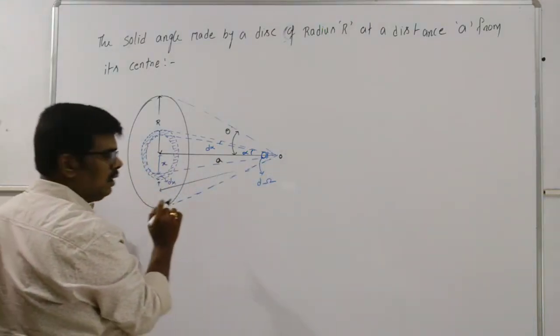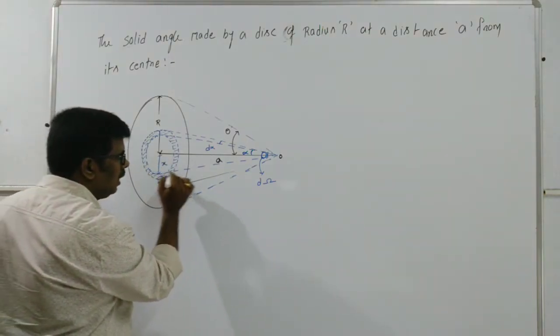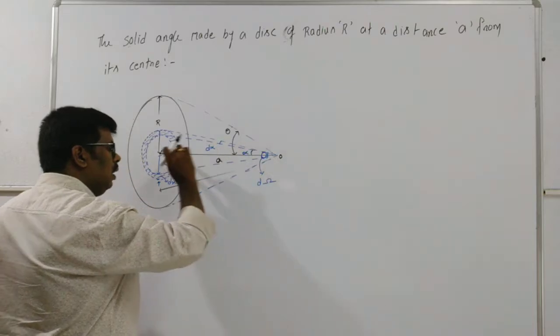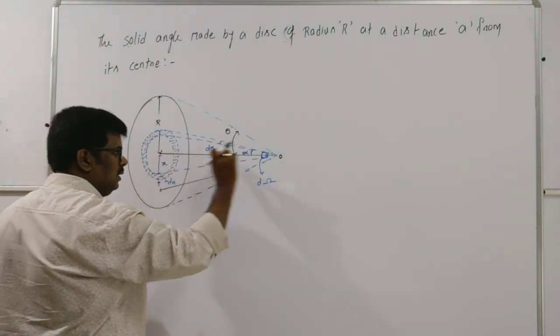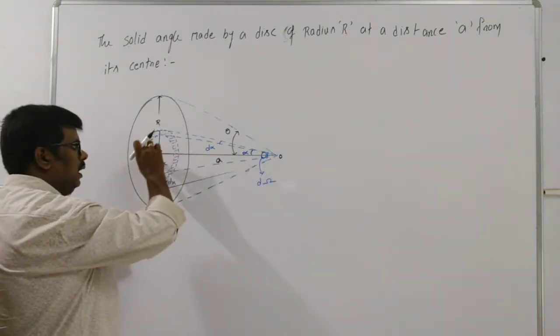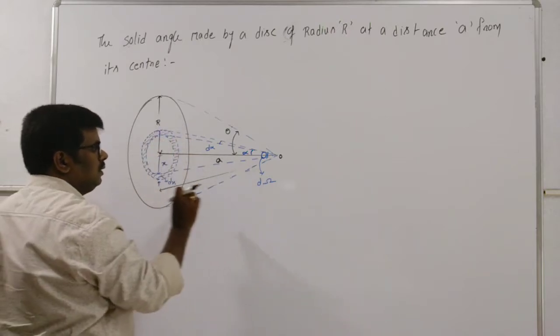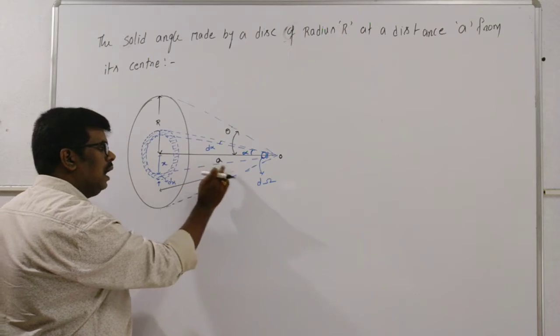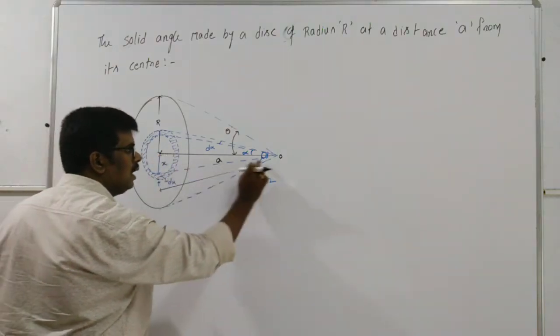Observe and concentrate on this triangle. The radius of the small area of the disc is nothing but the hypotenuse of this triangle.